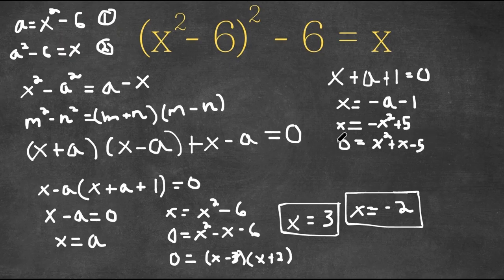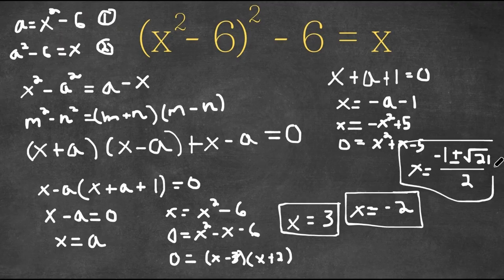And if we plug this into our quadratic formula, we get (−1 ± √21) over 2. So these are our two other solutions. We have (−1 + √21) over 2 and (−1 − √21) over 2.